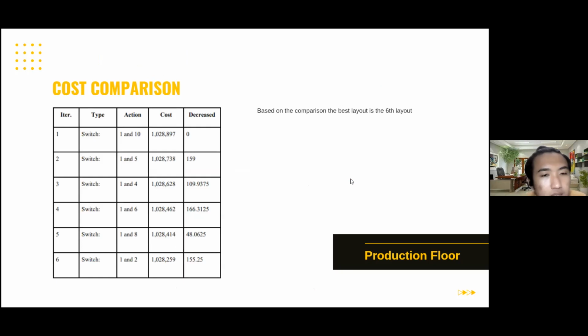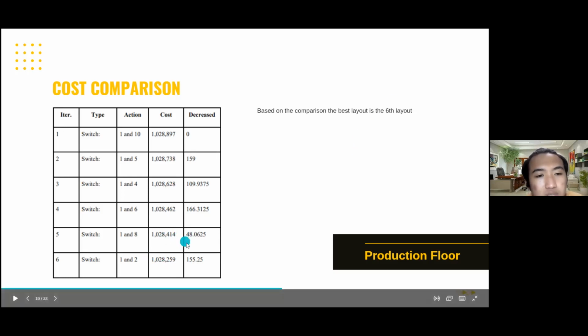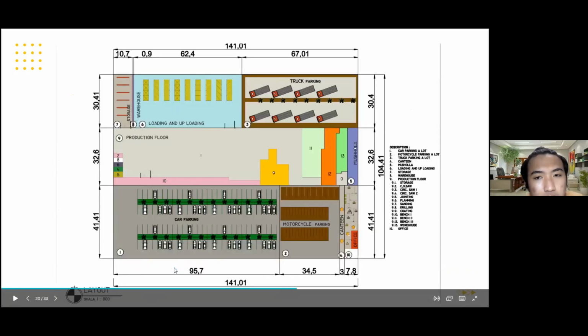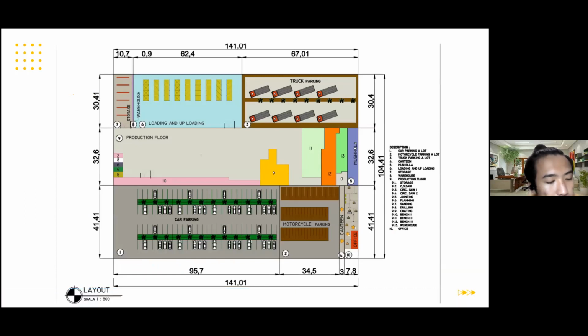To determine the best layout, we look for the smallest cost. The best layout is the sixth layout, because its cost is the smallest compared to iterations 1, 2, 3, 4, and 5.